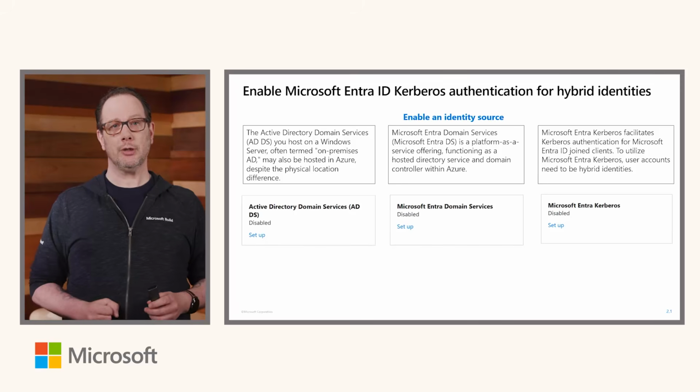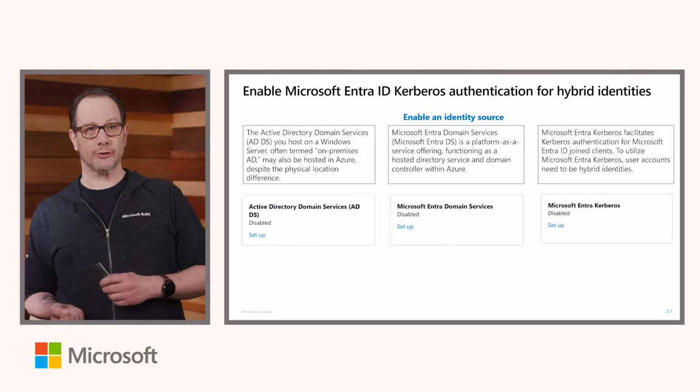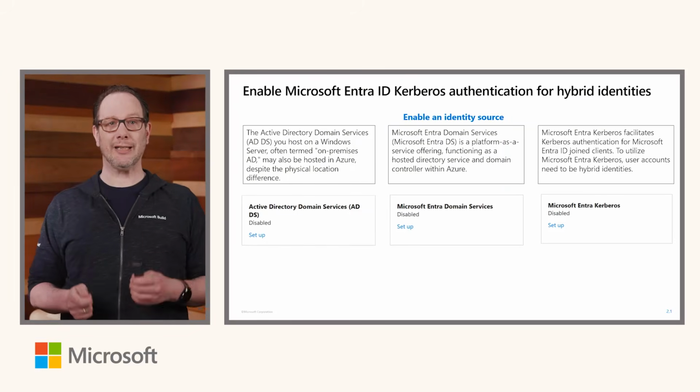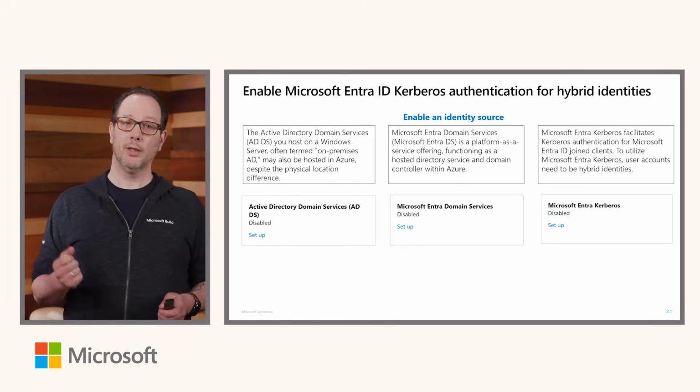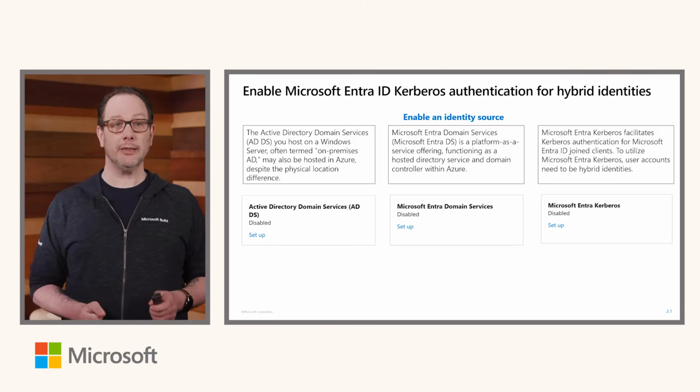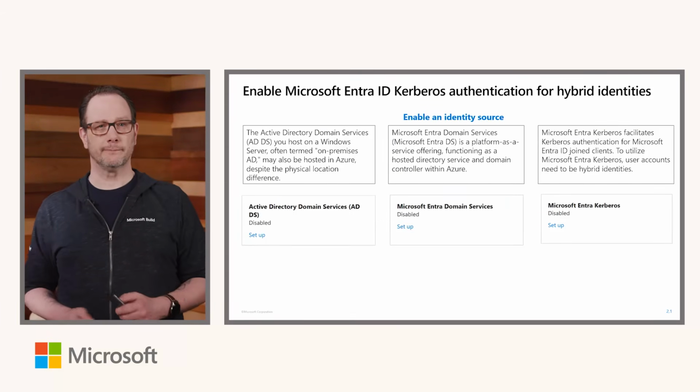And then the third option is deploying Entra Kerberos, which facilitates Kerberos authentication for Entra ID joined clients. This also requires hybrid identities for the users authenticating from those devices.